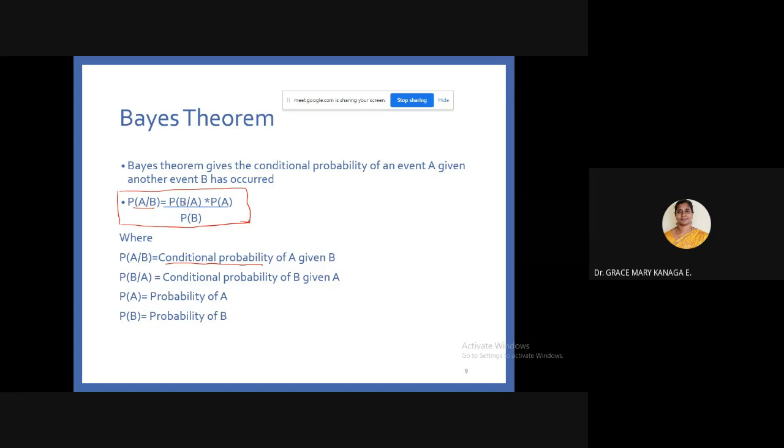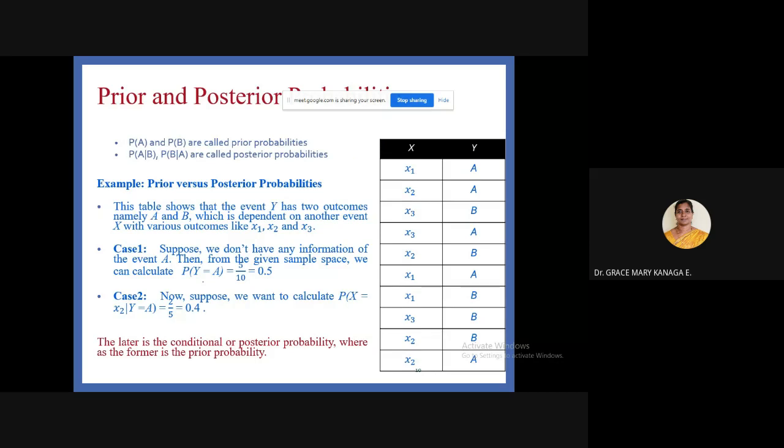And probability of B on occurrence of A is also a conditional probability, the conditional probability of B given A. And P of A and P of B are very simple: probability of A and probability of B. These are called prior probabilities.